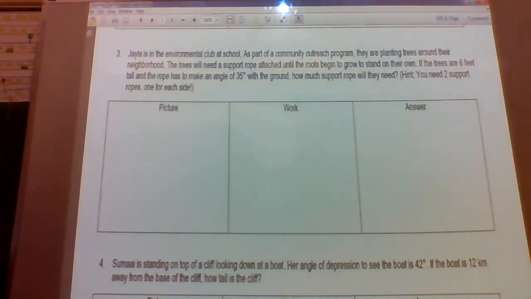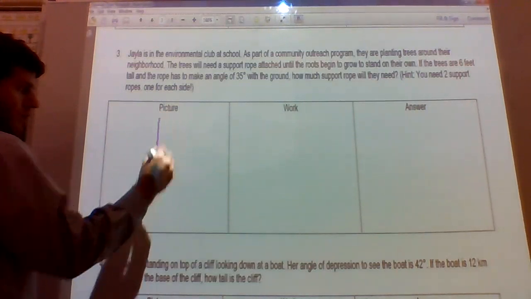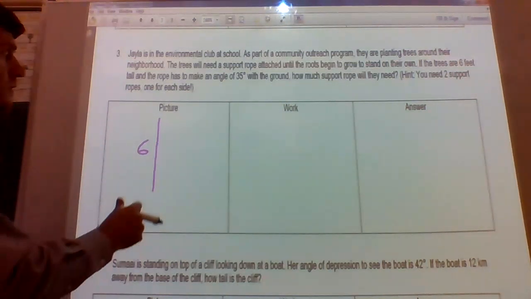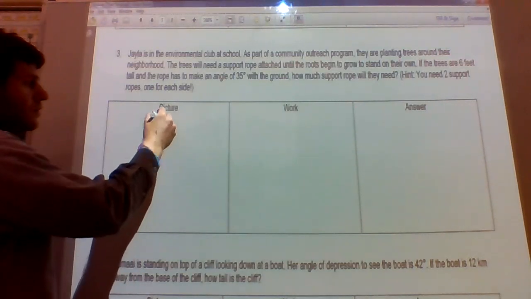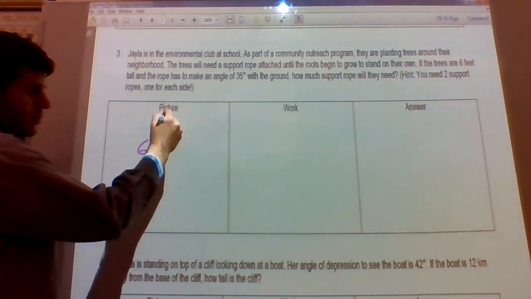Okay, so let's just deal with one. We have a tree, this is my tree, 6 feet tall. So here's the ground, here's the rope we're going to tie to it.